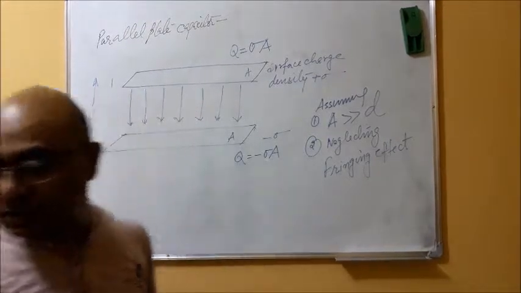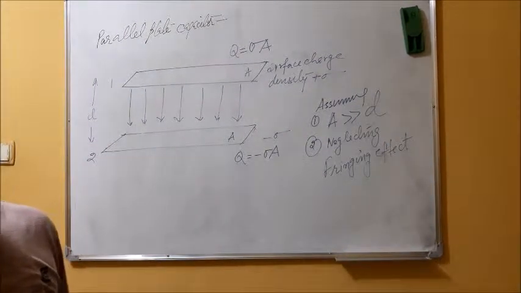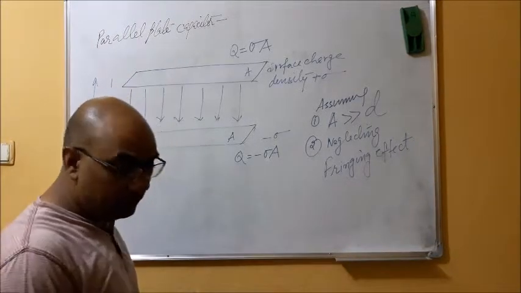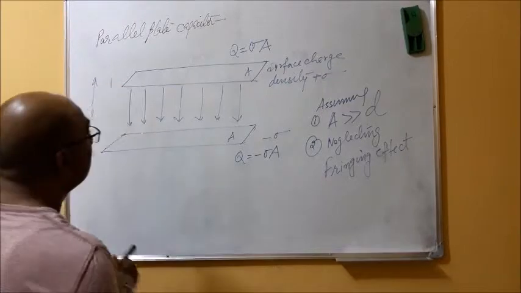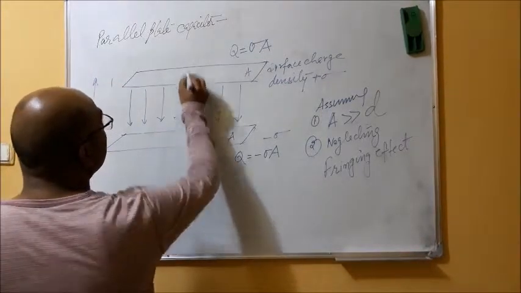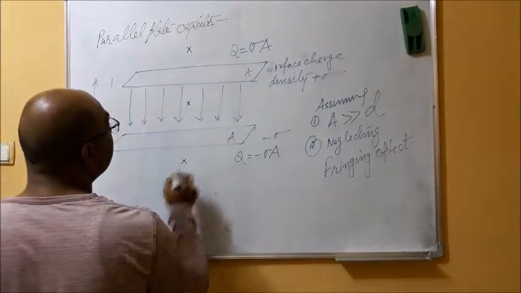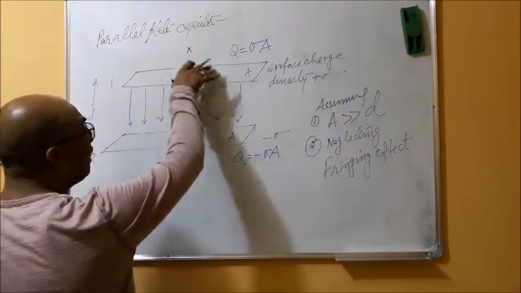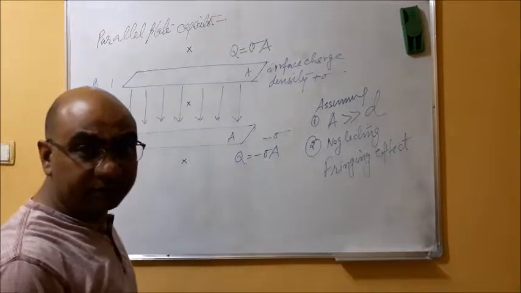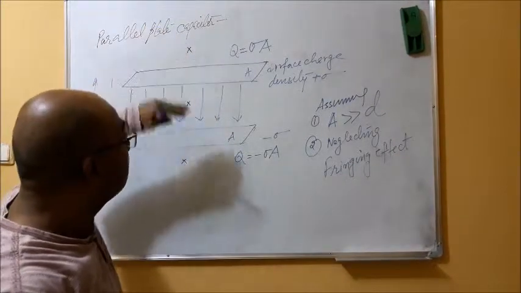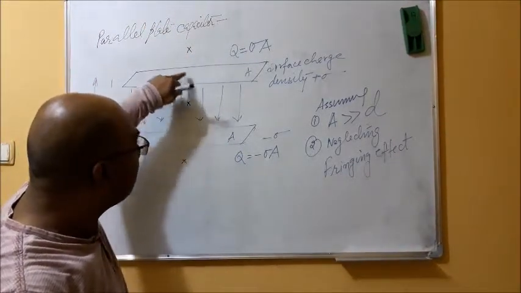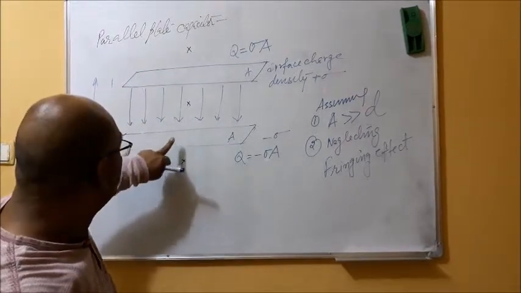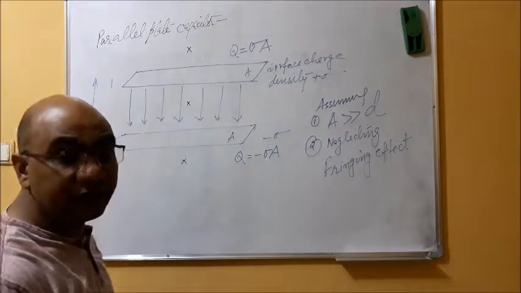After these two assumptions, consider three points: a point just outside the positive plate, a point between the positive and negative plates, and a point beyond the negative plate.